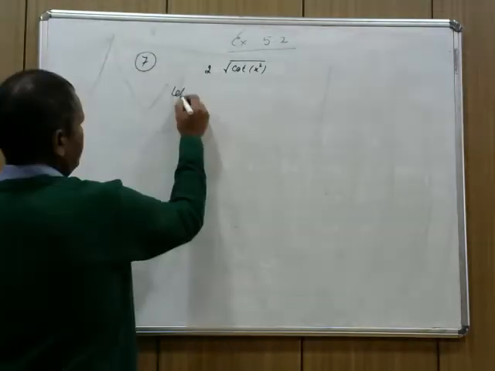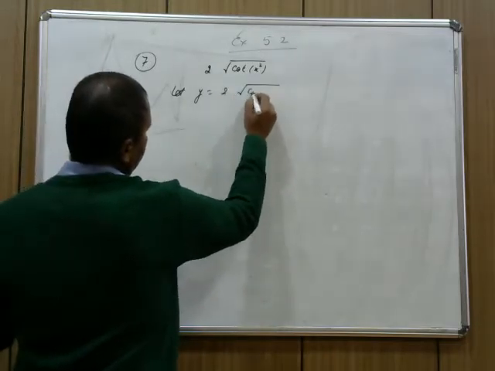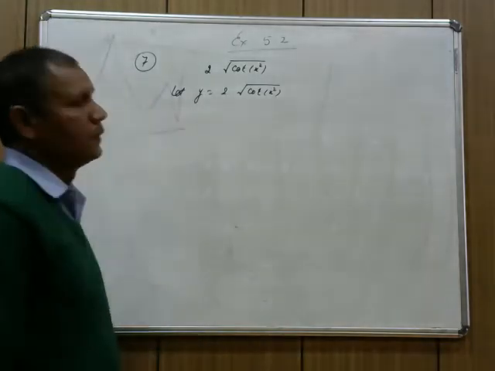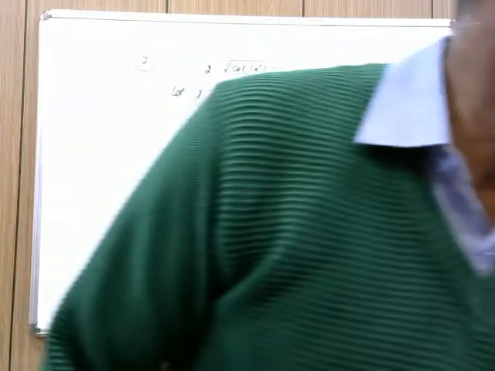Let y is equal to 2 under root cot x square. We have to find the differentiation of 2 under root cot x square.